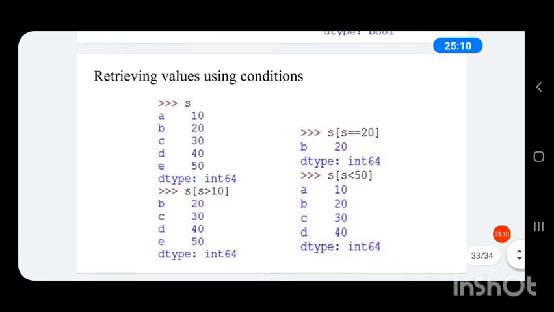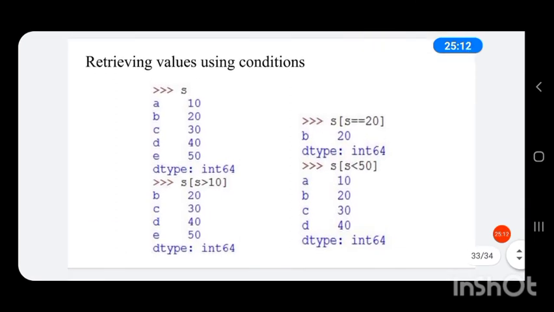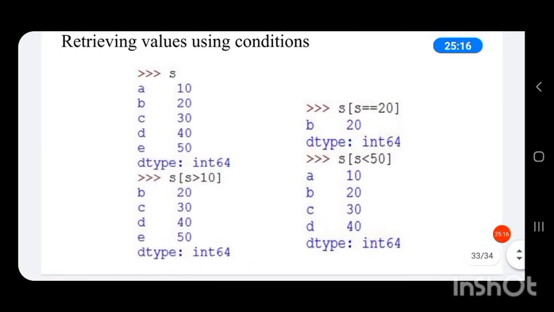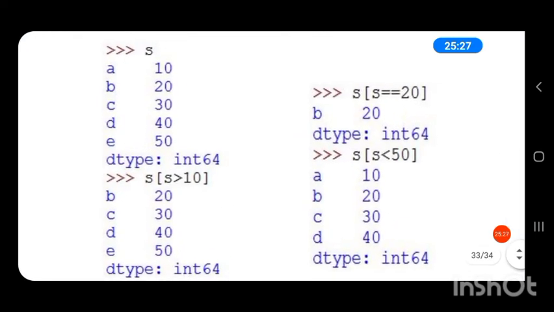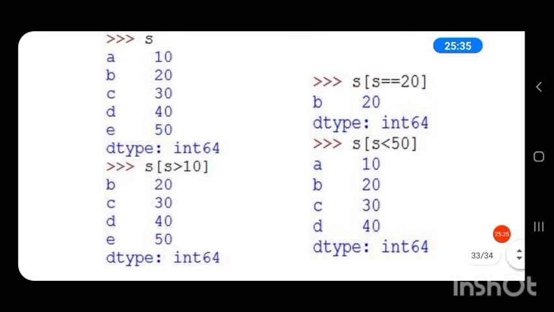Next is retrieving values using conditions. So we have a series S. We can retrieve the values based on a particular condition. Its indices are A, B, C, D, E, and its values are 10, 20, 30, 40, 50.